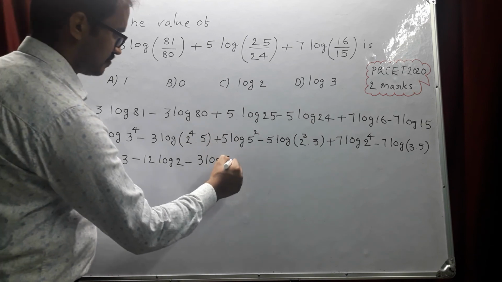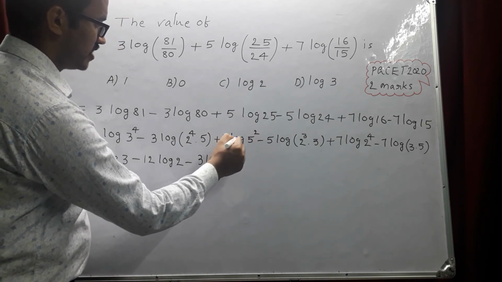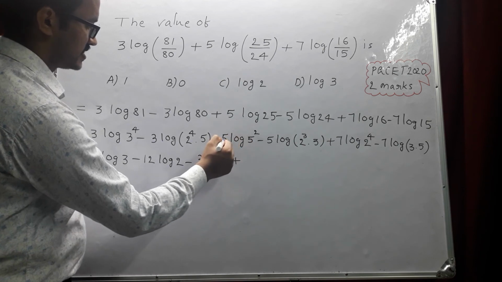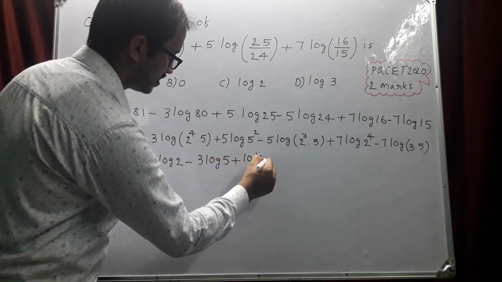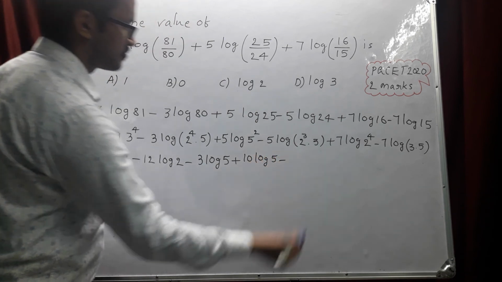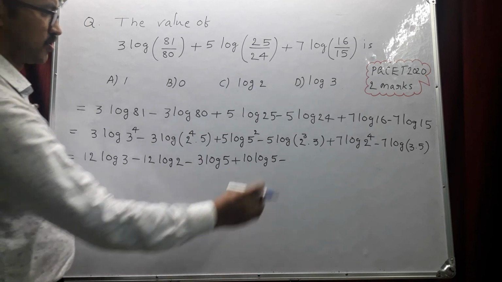Again by using the property, log 5 square can be written as 2 into log 5. Again since we have 5, 5 2s are 10. 10 log 5.